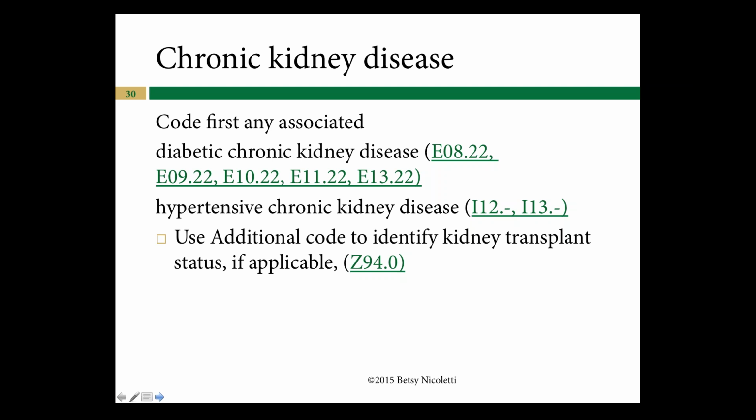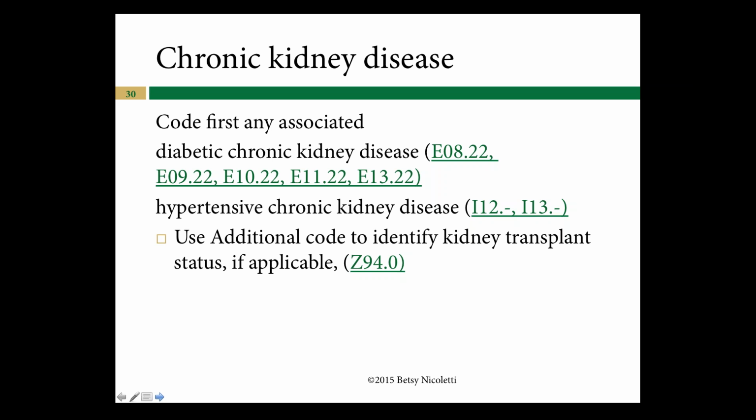And you can see if you remember back from the diabetes codes, the E08, E09, or E13, those were those diabetes codes that we didn't see that often. E10 is type 1, and E11 is type 2. So E10.22 is type 1 diabetic chronic kidney disease, and E11.22 is type 2 diabetic chronic kidney disease.